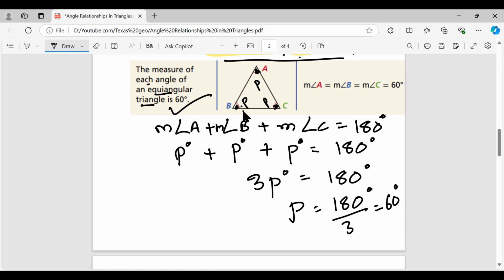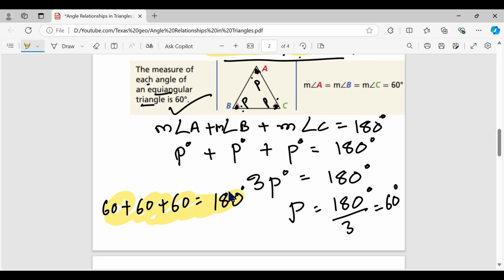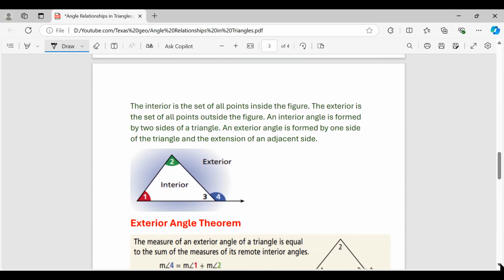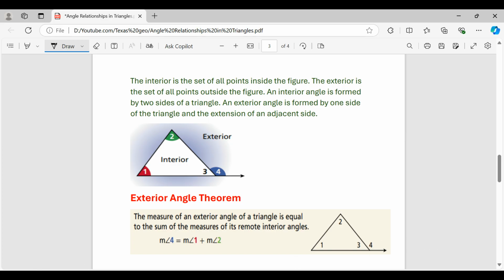So measure of each angle is 60 degree, and you can also cross check 60 plus 60 plus 60, that gives you 180 degree. Yeah. So you have to remember that measure of each angle of an equiangular triangle is 60 degrees.